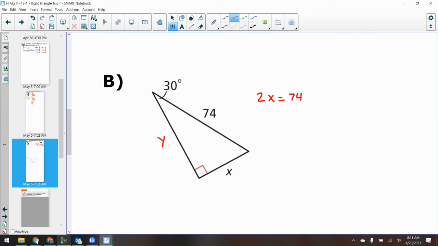If I take my 30 side and I multiply it by just 2, that gets me my hypotenuse. So x is equal to 37. So if I know that this is 37, then what's y? 37 radical 3. Where'd the radical 3 come from? The memorization of the 30, 60, 90 right triangle.